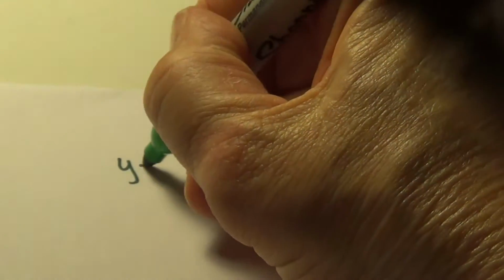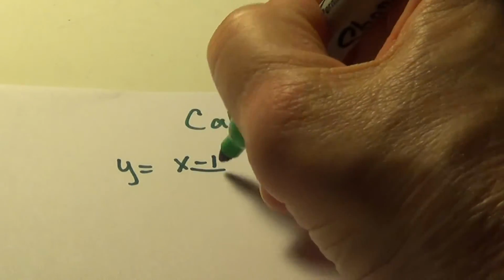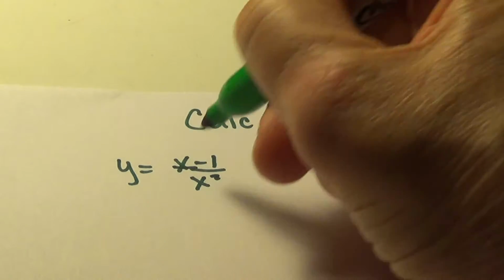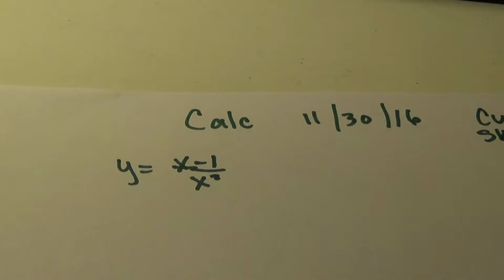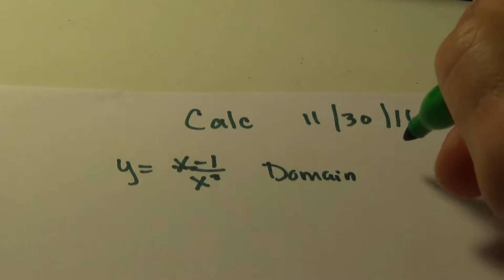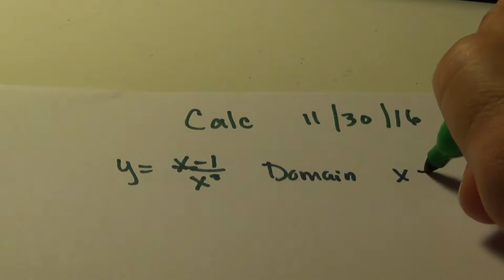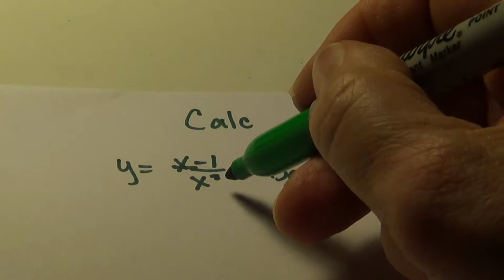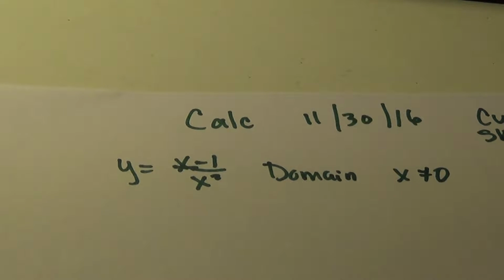Alright, so y equals x minus 1 over x squared is our function of interest. So starting with the domain, we can see right away that x cannot equal 0 because of the x squared in the bottom. So therefore, we have a domain restriction, and that will remain throughout the problem.